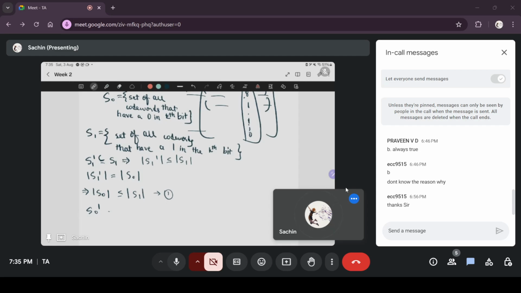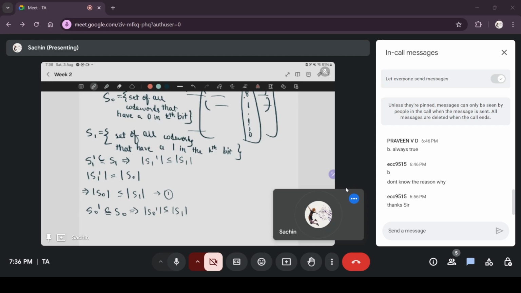Okay, when you add a code word which has a 1 in its kth position with another code word which also has a 1 in its kth position, you will get a 0 in the kth position. So you will get a code word in the set S0. So this S0 prime is a subset of S0, which implies the cardinality of S0 prime is less than or equal to the cardinality of S0.